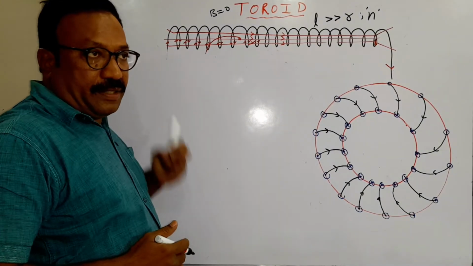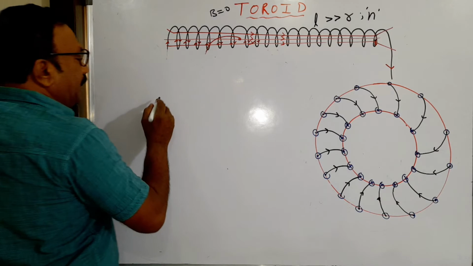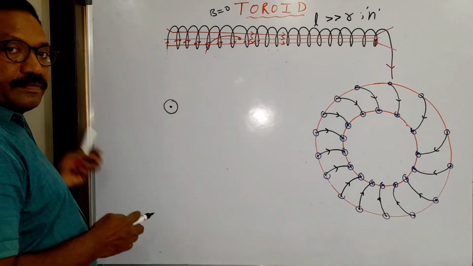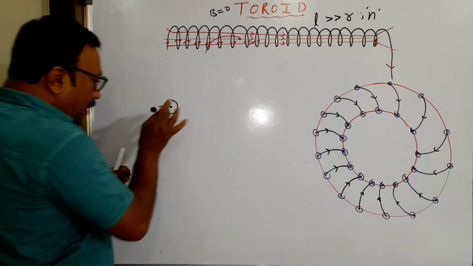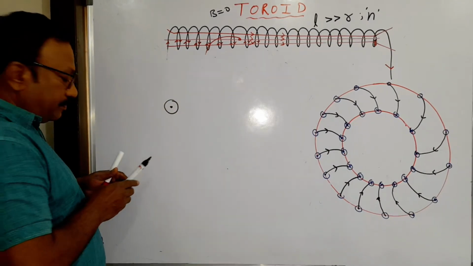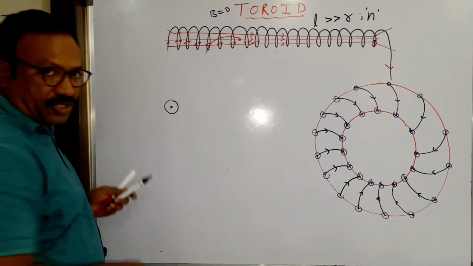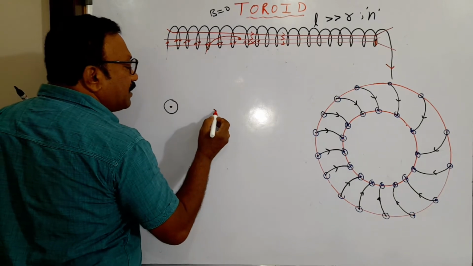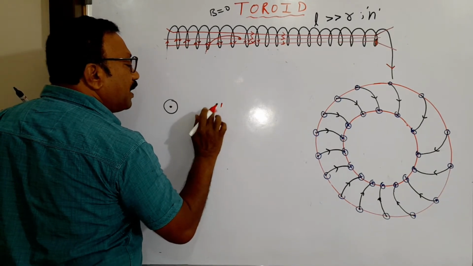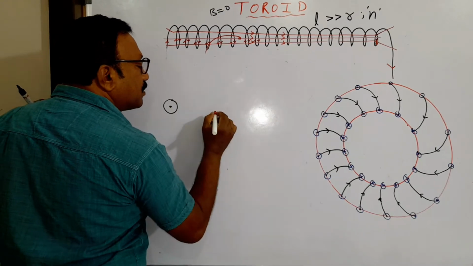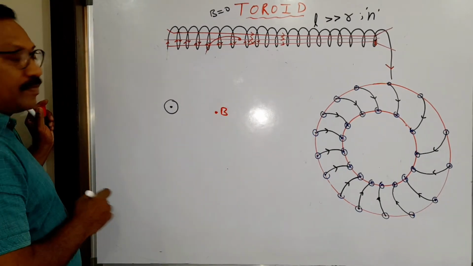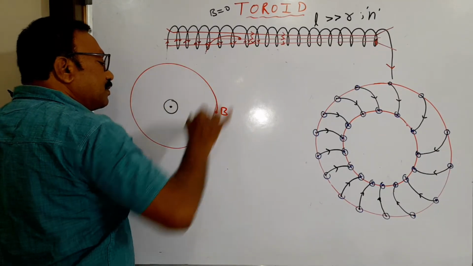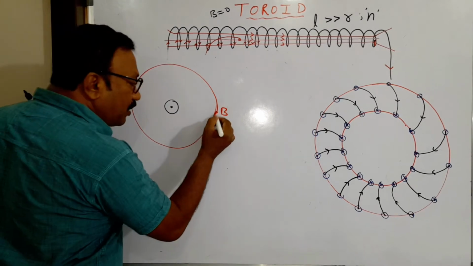For Ampere's circuital law, what will you do? There will be a current carrying conductor. This current is coming outward. There will be a magnetic field in this region. Suppose here is a magnetic field, here the magnetic field is B. Take one loop passing through this point.